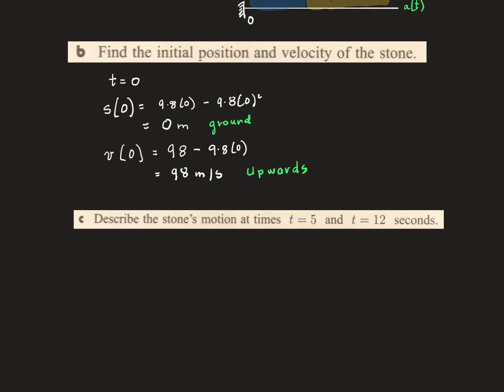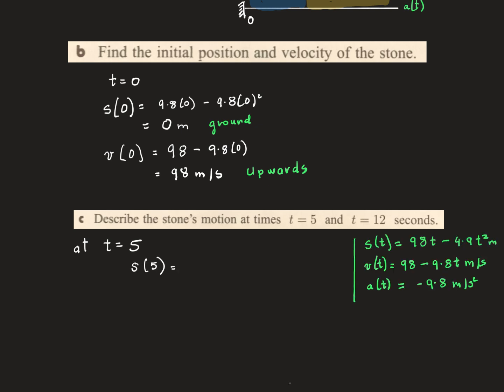To describe its motion, we need to know the displacement, the velocity, and the acceleration at both of these times. And so at t equal to 5 seconds, I'll just rewrite those three equations here to the side. It'll be 98 times 5 minus 4.9 multiplied by 5 squared, which is 367.5 meters above ground.